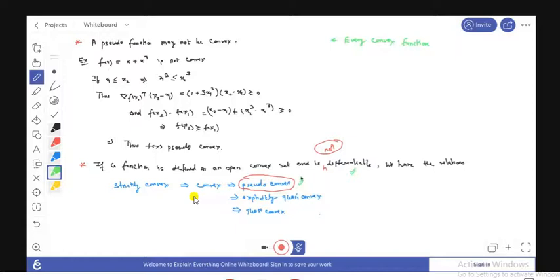So every convex function is quasi-convex. A concave function can be a quasi-convex function.